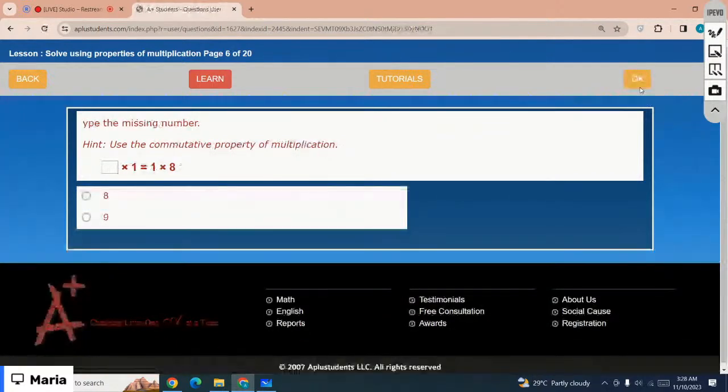Okay, type the missing number. Use the commutative property. 1 times 8 equals the missing number times 1. So which number is missing?